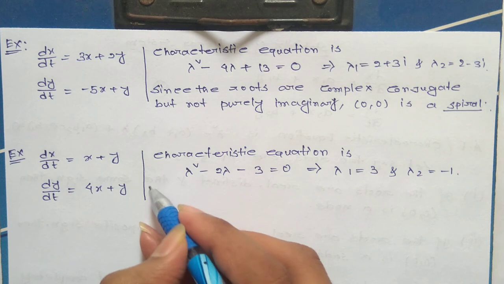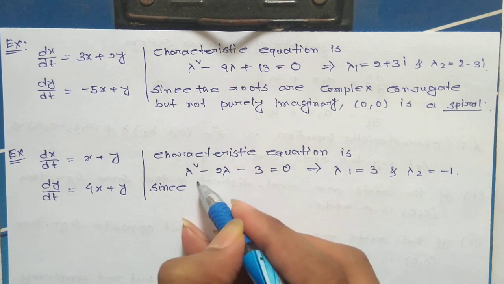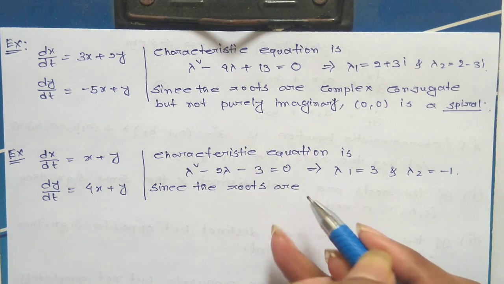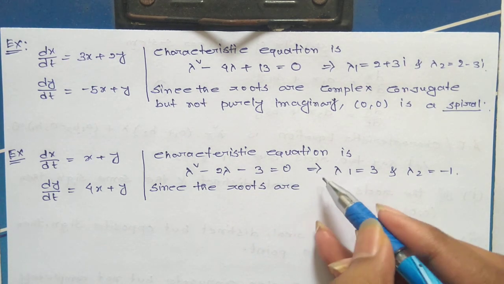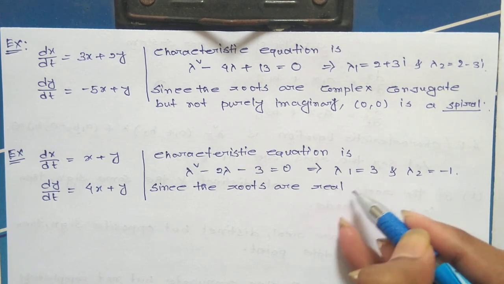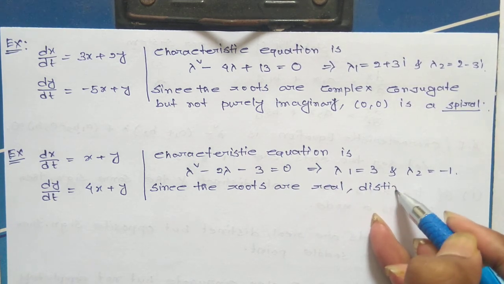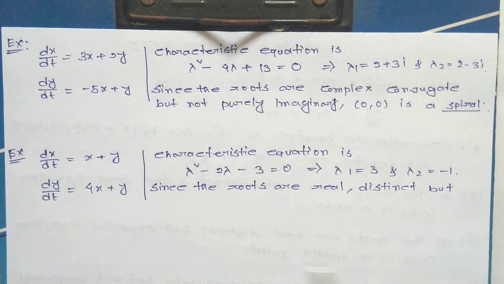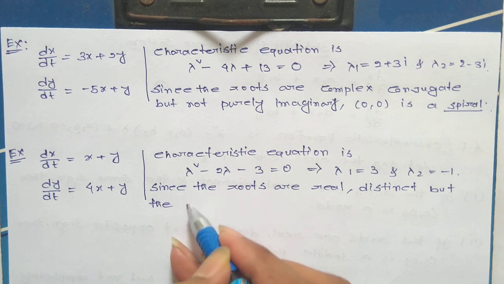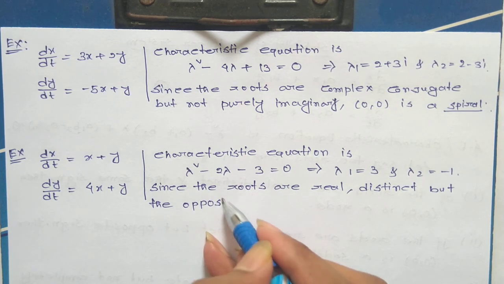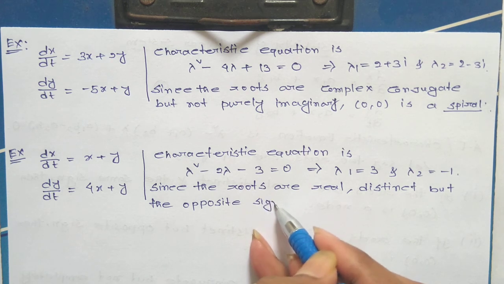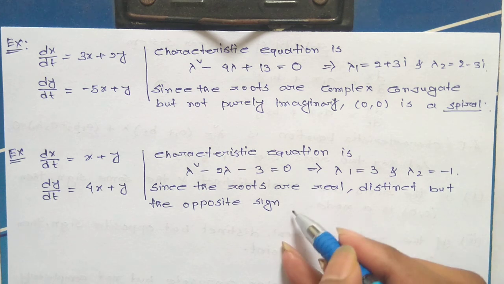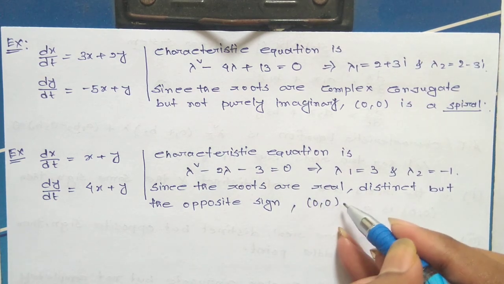Since the roots are real distinct but of opposite sign, (0,0) is a saddle point.